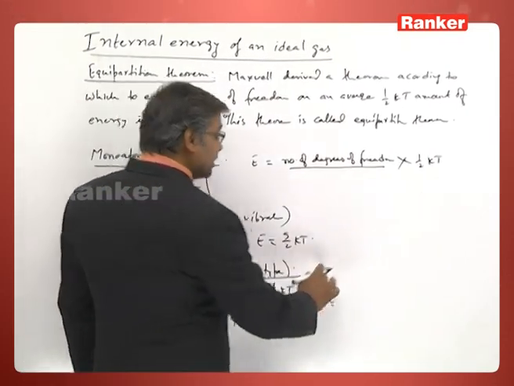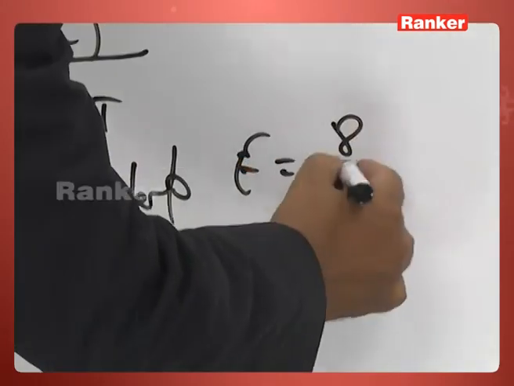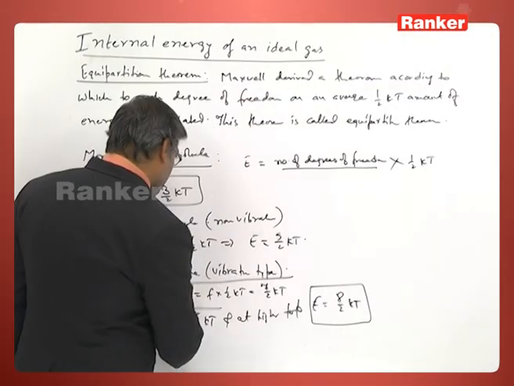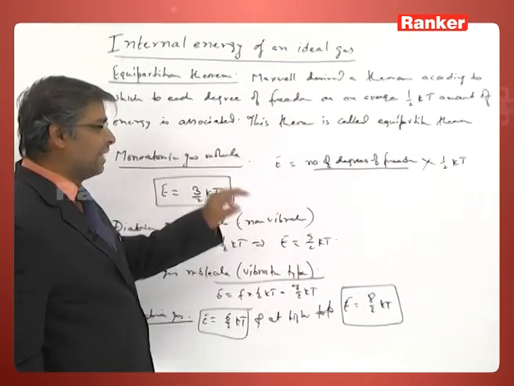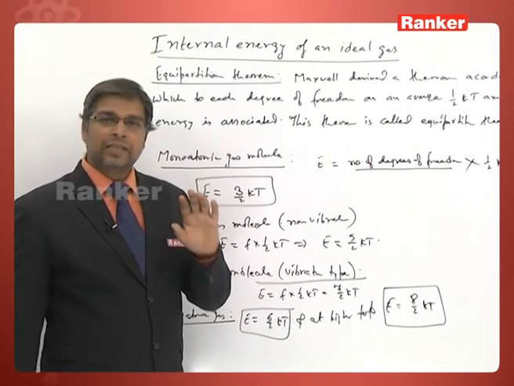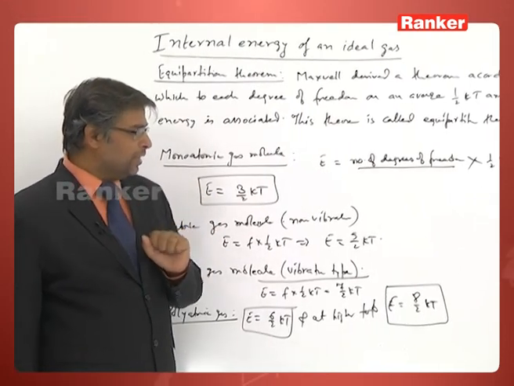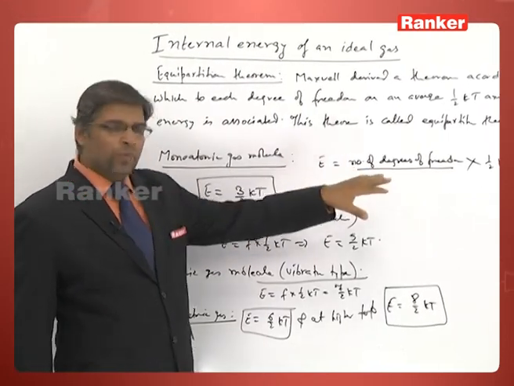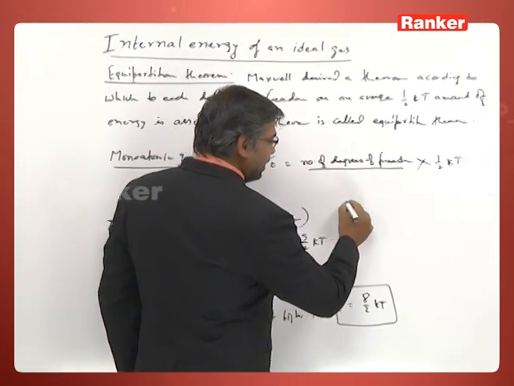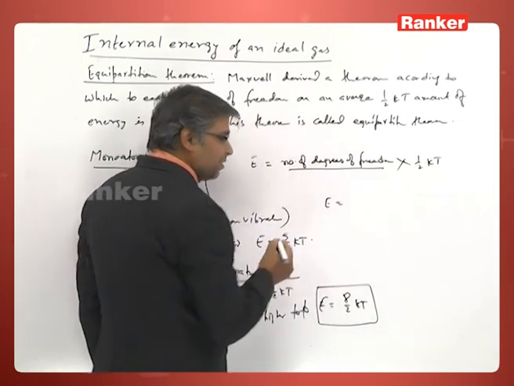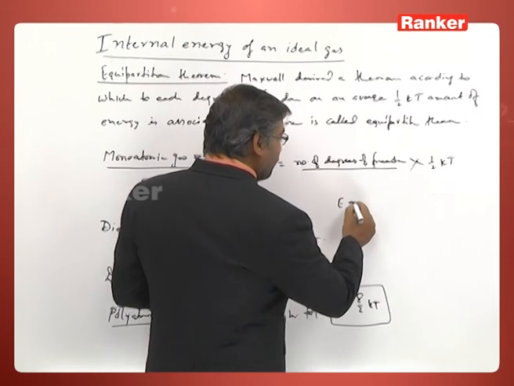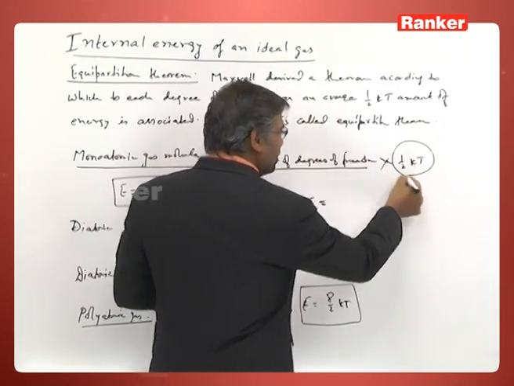So, 6 plus 2, 8 by 2 kT energy is associated. So, now the equipartition theorem tells how much energy each molecule will have by degrees of freedom. Now we can understand the meaning of the degrees of freedom and this equipartition theorem.